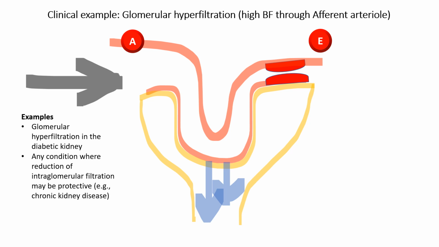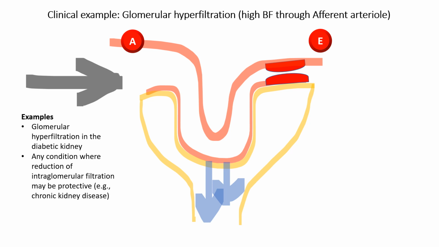Examples include glomerular hyperfiltration in the diabetic kidney, or chronic kidney disease where the reduction in intraglomerular filtration pressure may be protective. How do we reduce intraglomerular filtration pressure in these conditions? Recall angiotensin II keeps the efferent arteriole constricted.